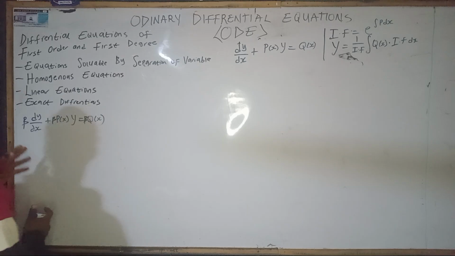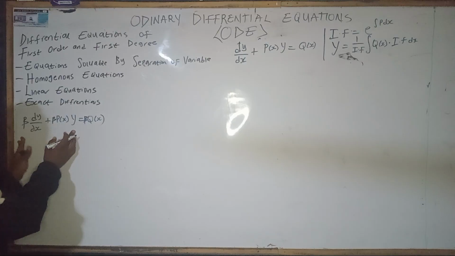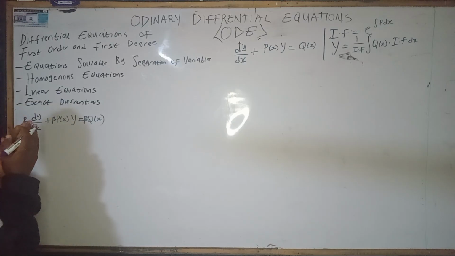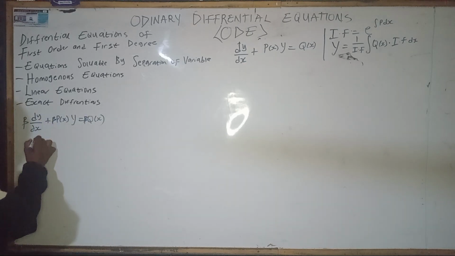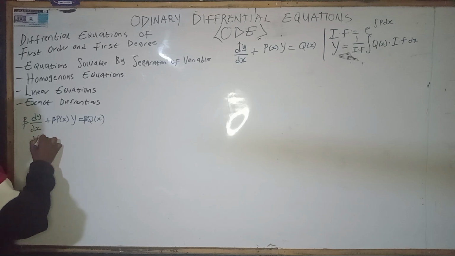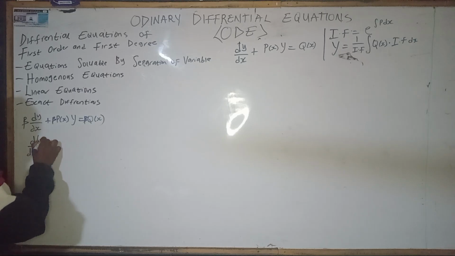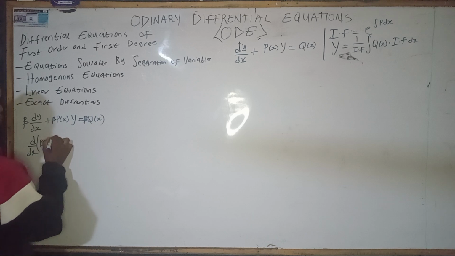But for me to be able to simplify this, I want this to be a differentiable factor, that is, something where we can have the differentiation with respect to x of beta times y.